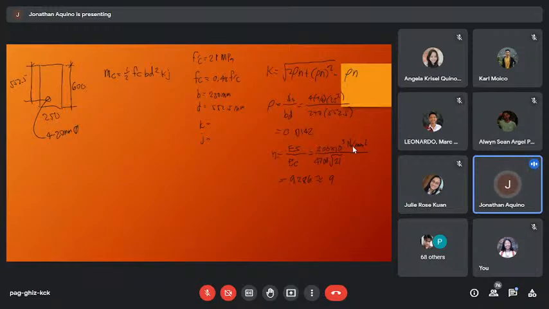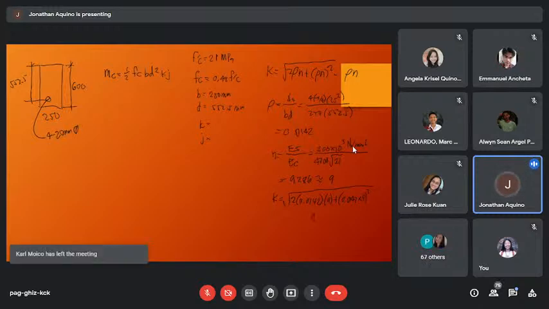Knowing the values of rho and n, we can now solve for K. So K is the square root of 2 times 0.0142 times n of 9, plus rho n squared, which is 0.0142 times 9 squared, minus n rho, 9 times 0.0142.